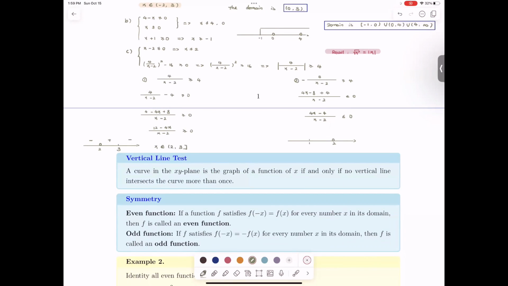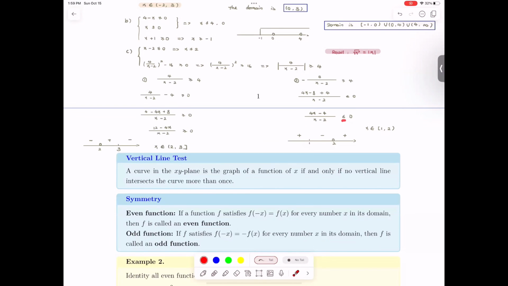If you do that, you'll see this is positive, this is negative, this is positive. So you want negative, less or equal to 0. That means you want x to be 1 to 2.